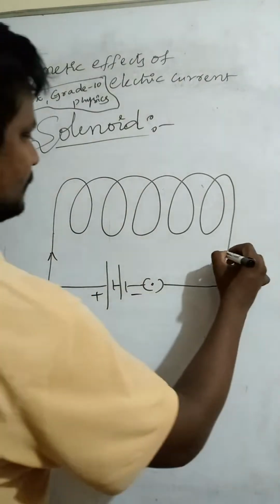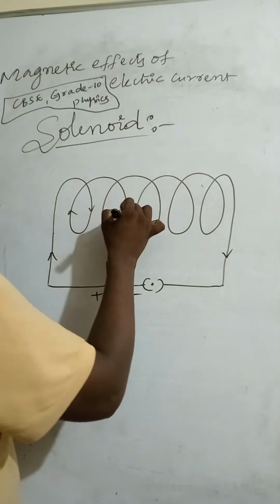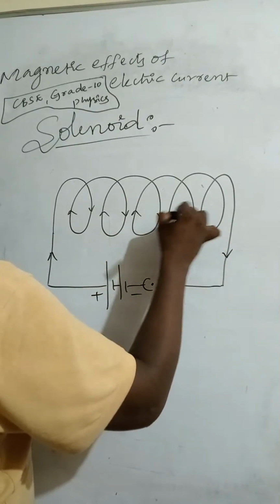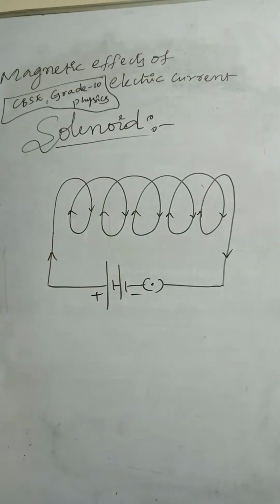So inside the solenoid, current is passing like this, and magnetic field will be produced.